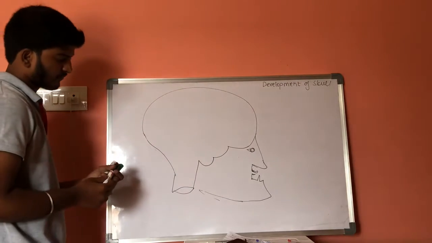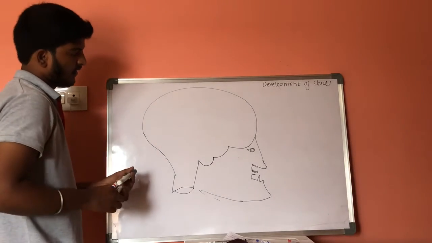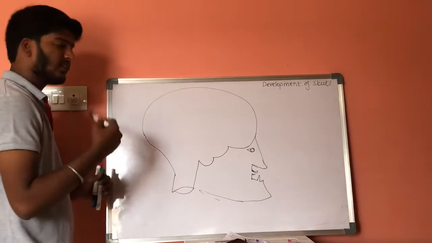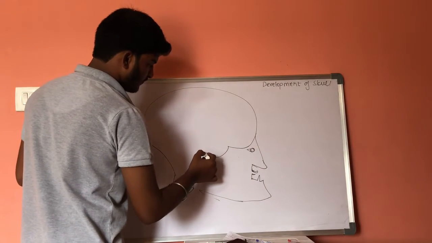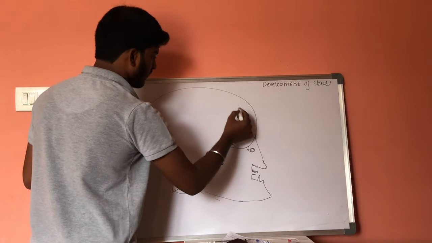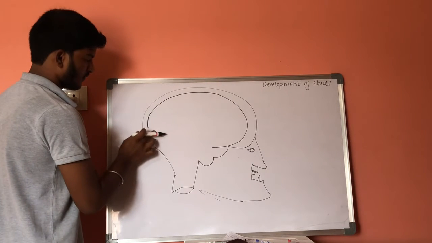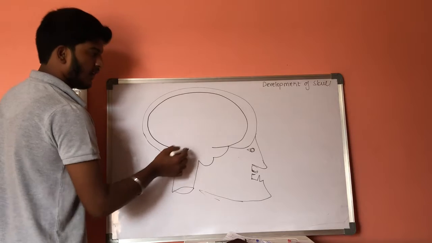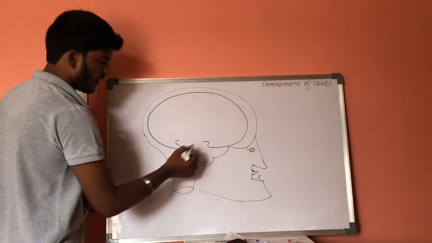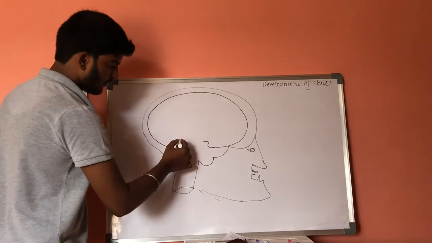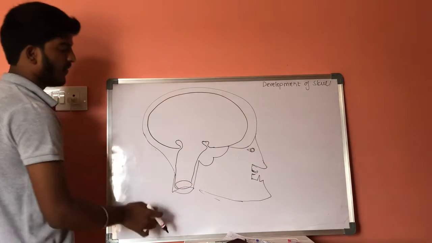Now inside the skull it consists of the forebrain, midbrain and hindbrain. This is the telencephalon and the diencephalon, and we will be moving downwards.